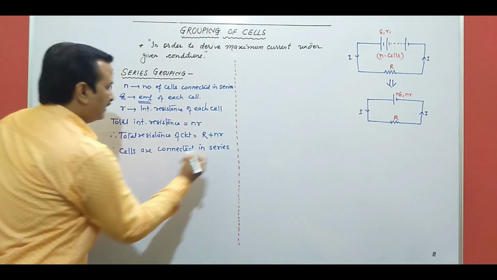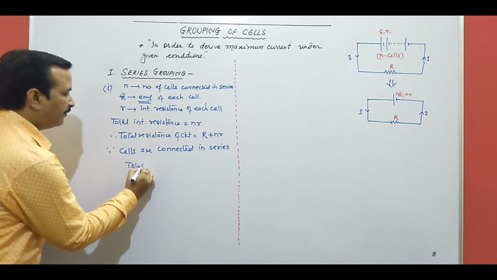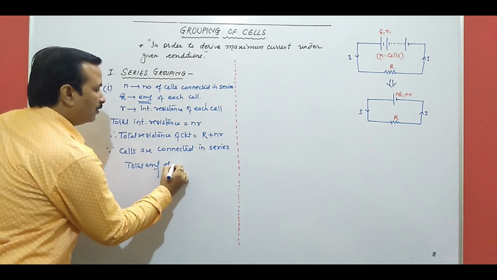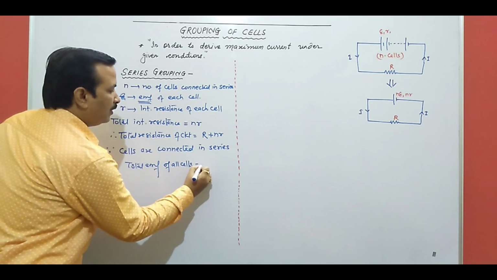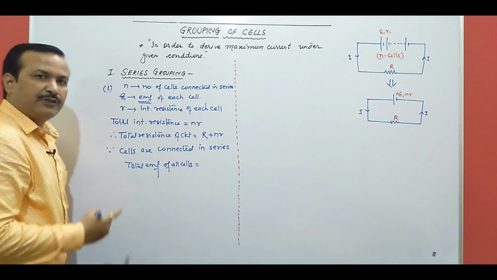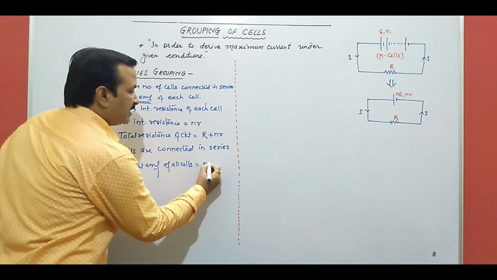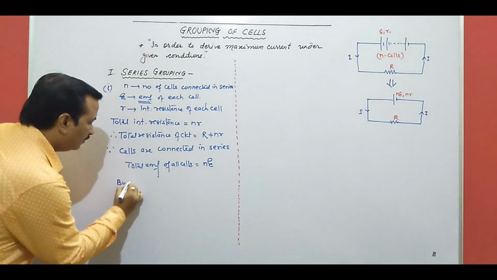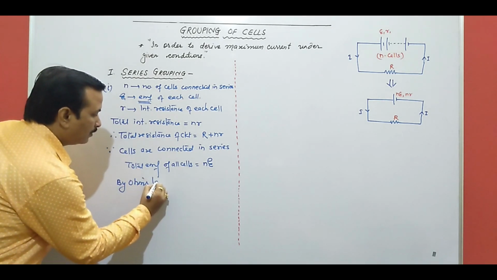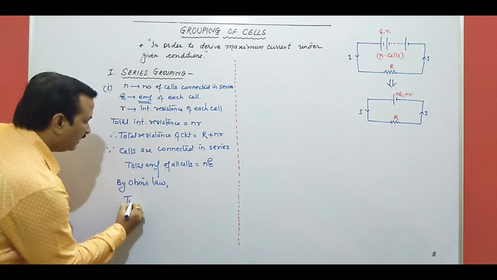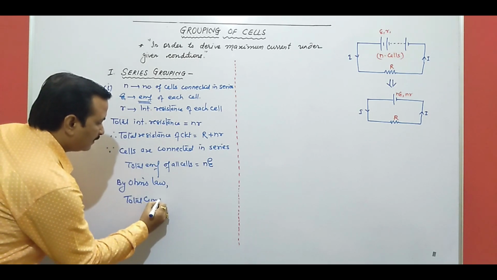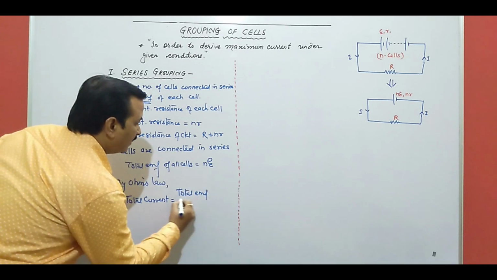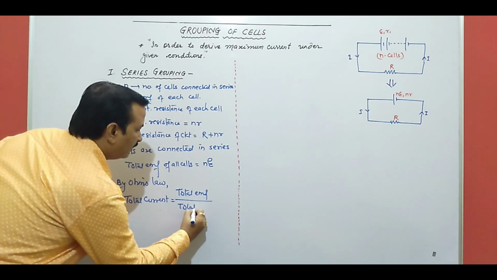Now since cells are connected in series, the total EMF of all cells will be equal to how much? It will be n times E. By Ohm's law, the total current will be equal to total EMF upon total resistance.